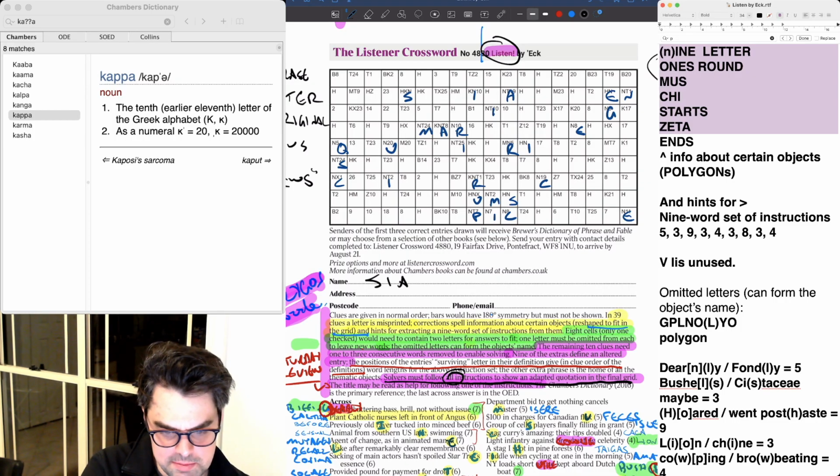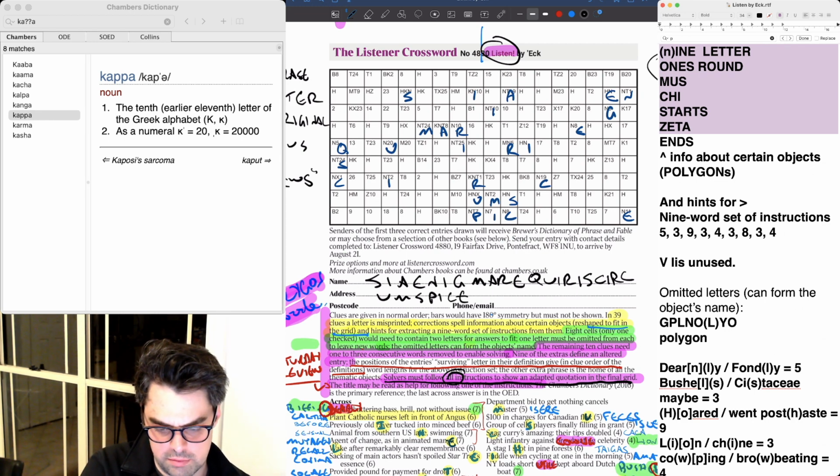I mean, there are aspects of what we see here, just writing out all the letters in left to right, top to bottom order. There are aspects of what we see here which look like they're words, but perhaps not in English.